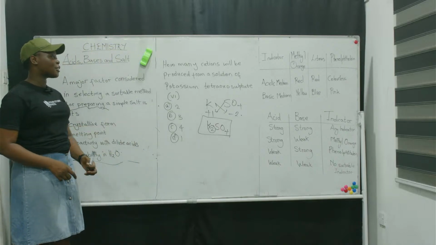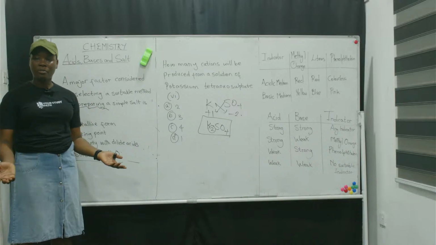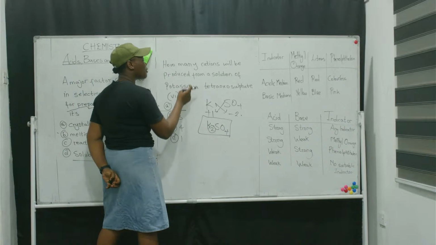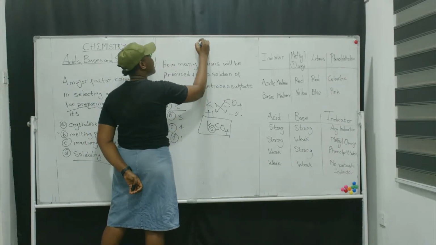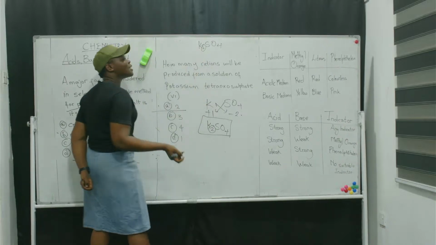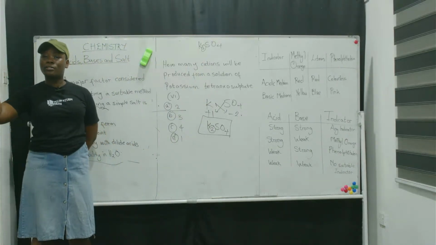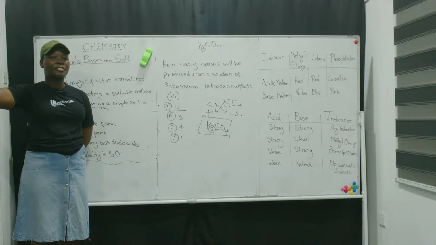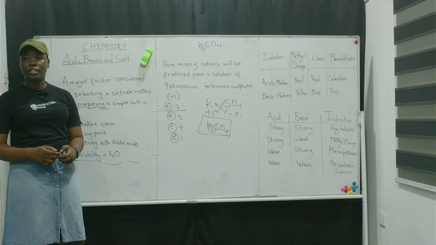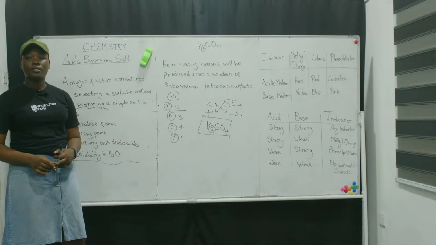For you to answer this question, you need to know the chemical formula. If I know that potassium tetraoxosulfate 6 is K2SO4, I'll know the number of cations, and K is the cation because K is in group 1. SO4 2 minus, from the minus you hear, is an anion. And so we know the answer is 2. Any confusion here? Are you sure? Should I take it again? No. All right.